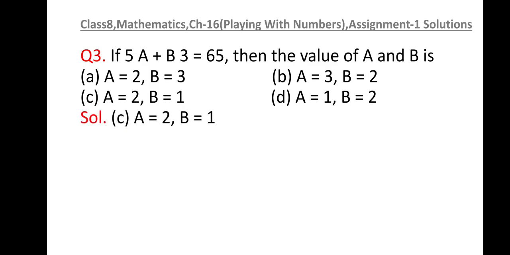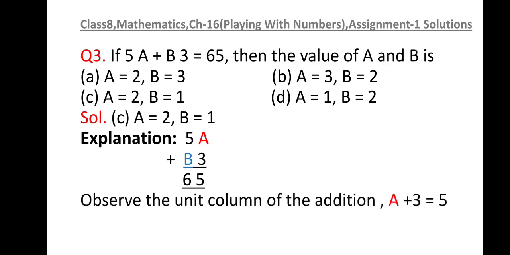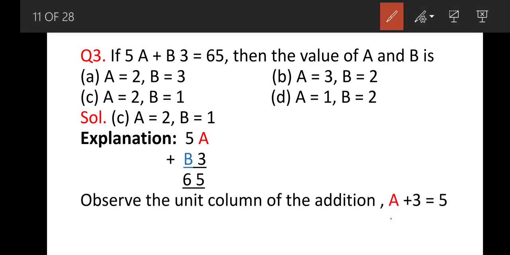So the solution is C part, that is a is equal to 2 and b is equal to 1. Let us find out now. Explanation: 5a plus b3 is equal to 65. Dear children, observe the unit column of the addition. This is your unit column, that is a plus 3 is equal to 5.